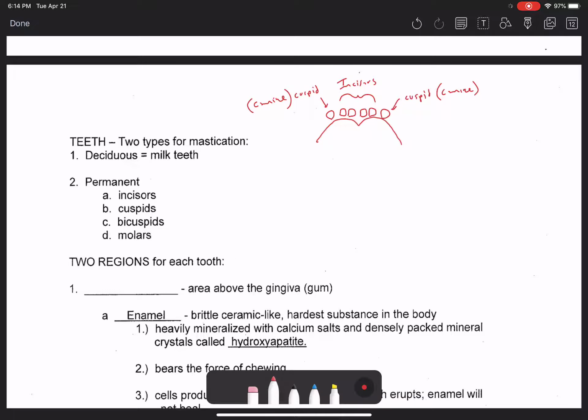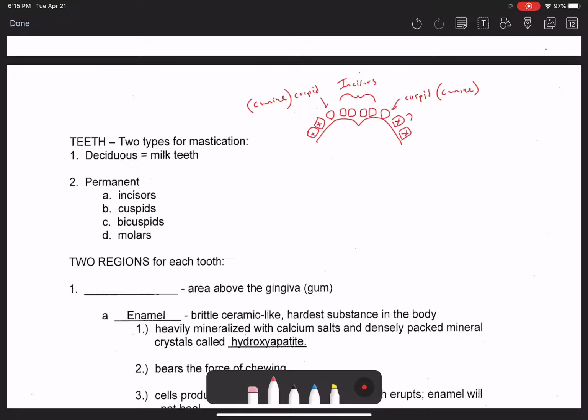And then lateral to these cuspids on either side, we have 2 molars. So I'm going to draw these little X's in the center of the molars because they have these indentations that allow them to grind the food a little bit more effectively.